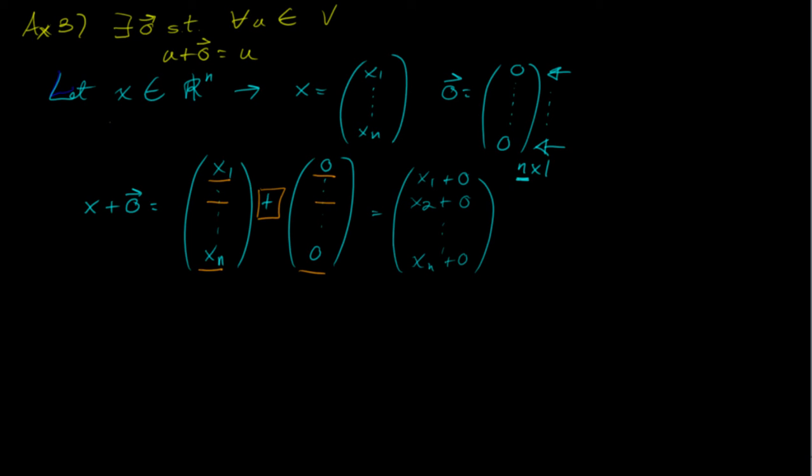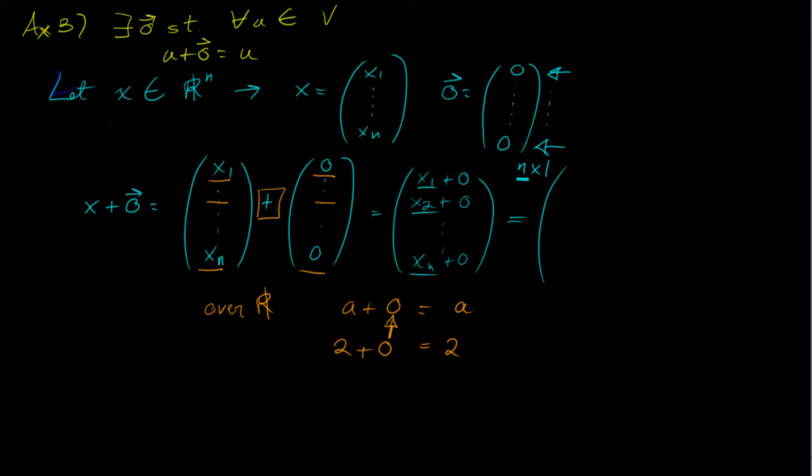But we know that over R, if you add a plus 0, so this is the 0 in R, then that's equal to a. For instance, 2 plus 0 is still 2. So this simplifies to just x1, x2, and so on until xn.